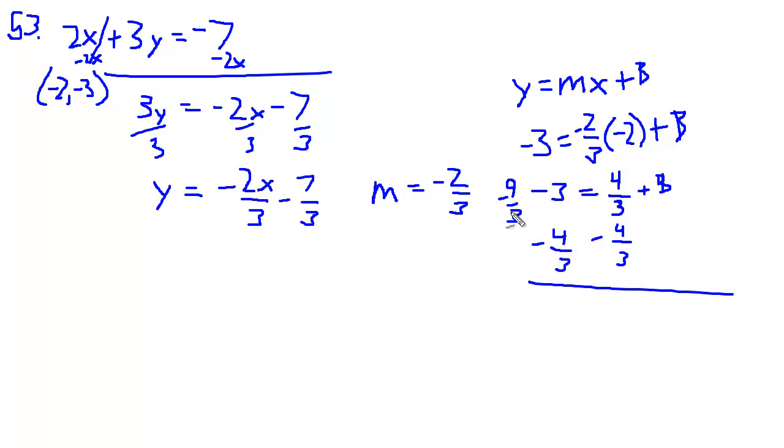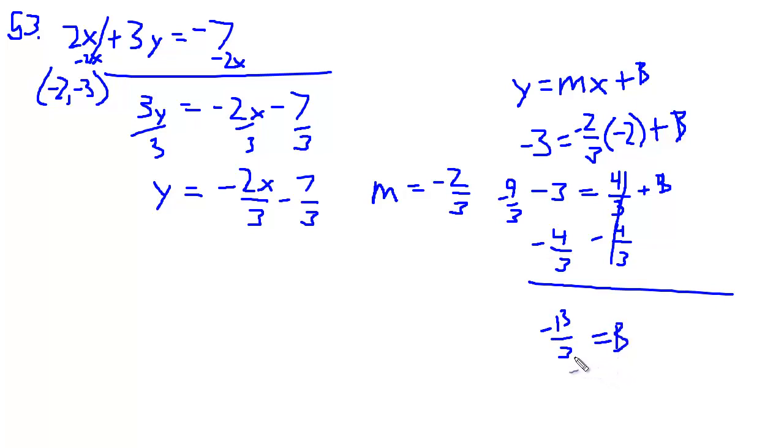So negative 9/3 is equivalent to negative 3. Okay, so now these simplify. Negative 9/3 minus 4/3 is negative 13/3, and that's equal to b.